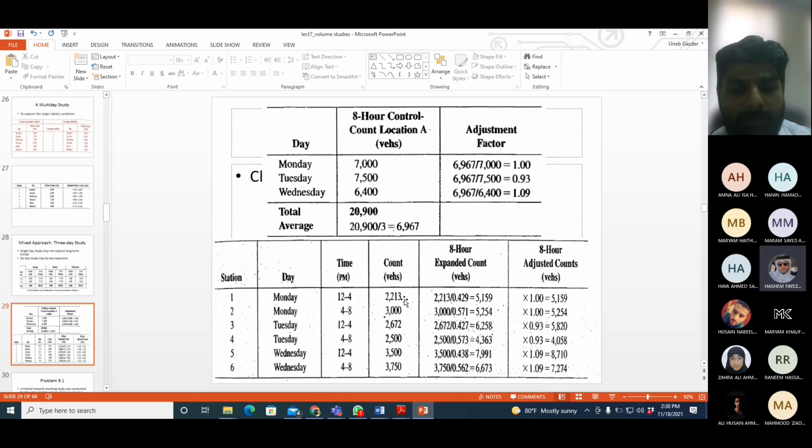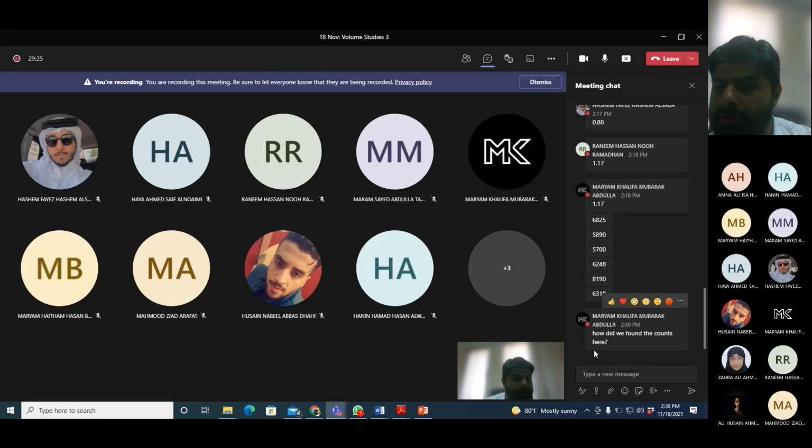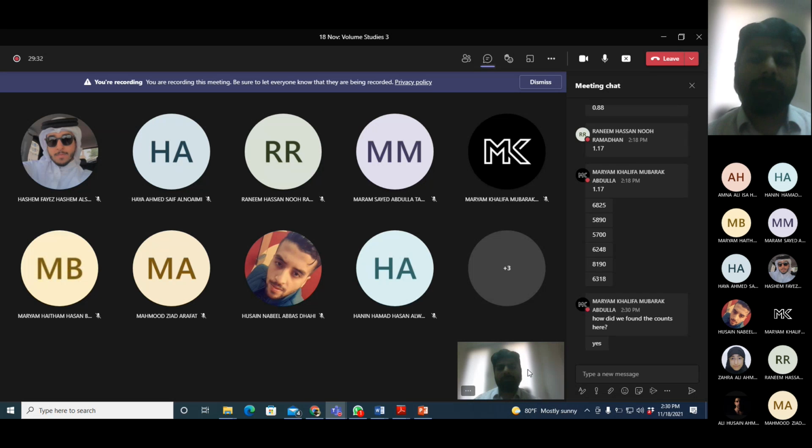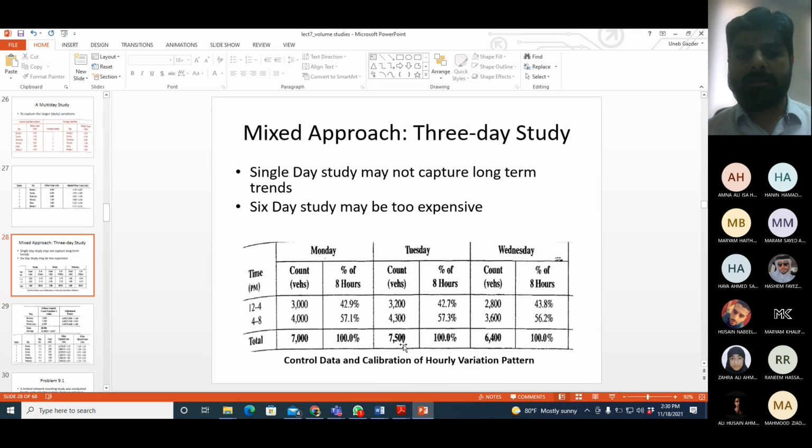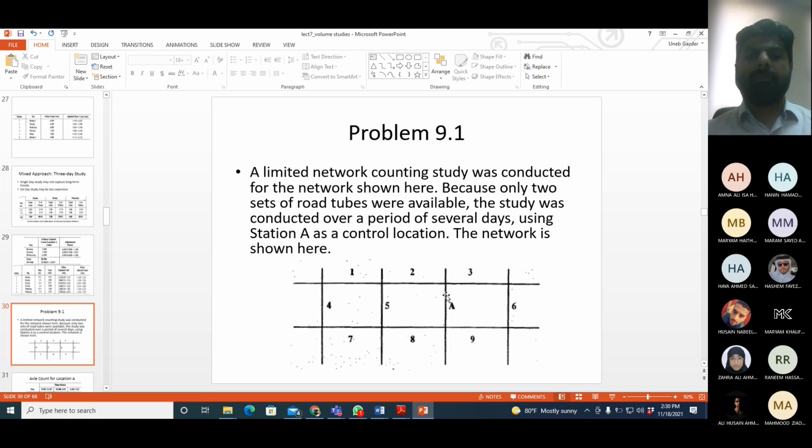Okay. Thank you, Doctor. Mariam, you were also asking about the same thing, right? The same column, right? Okay. So this is given. This is coming from the field. This entire column is from the field. This entire table is from the field. Okay. Are there no other questions?